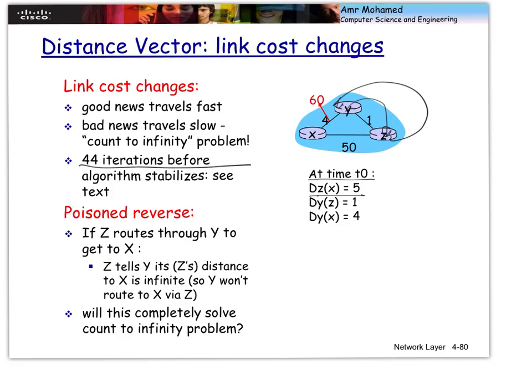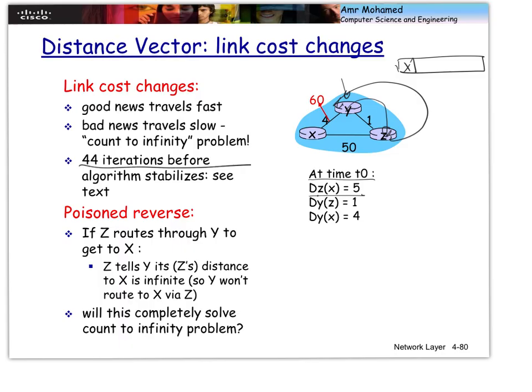So if Y receives data with a destination to go to X, Y will say, oh okay, the link that I have has a cost of 60, so I have to go to Z. Z will say, oh okay, the information I have is that my distance to X through Y is lower than 50. So let me send it to Y. So route updates, huge route updates unnecessarily, right? And even data loops. We'll have data loops.